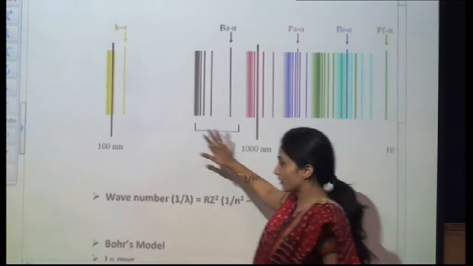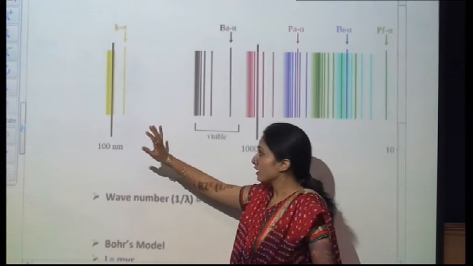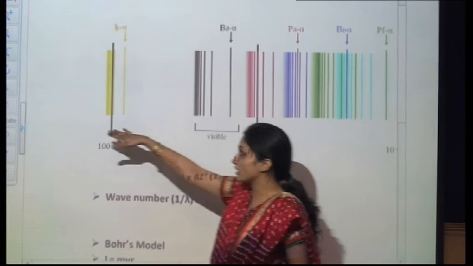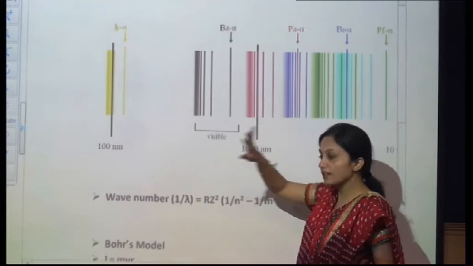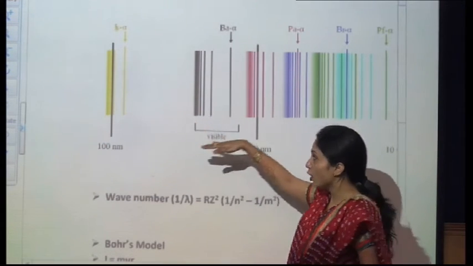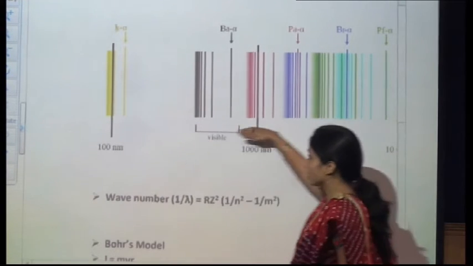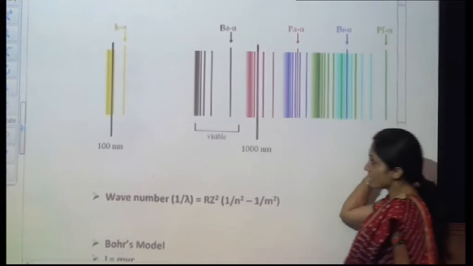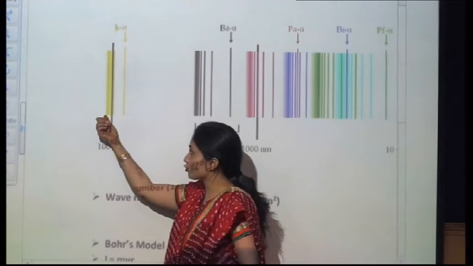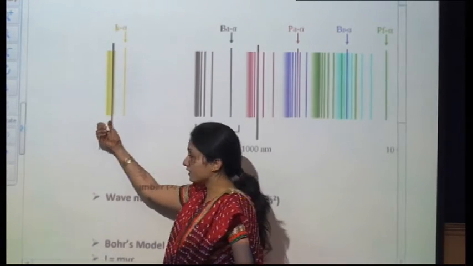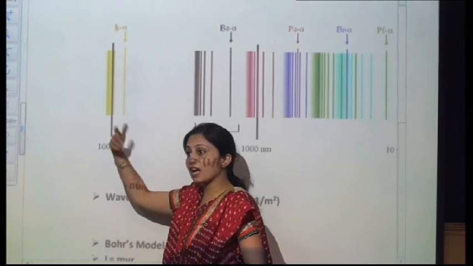See here, first look at the spectra. You want me to explain the spectra again? When you look at the spectra, this is the graph that I had drawn on the board. You have the energy values. The first one is at a lower wavelength, which means it is at a higher energy.